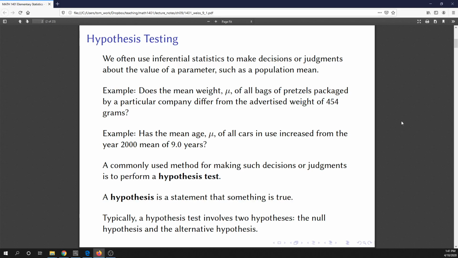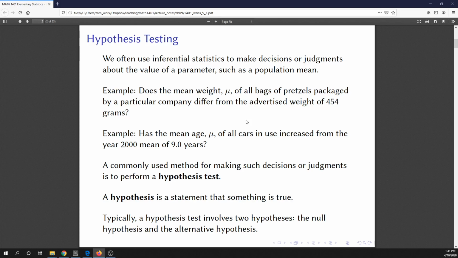An example of that would be this first example here. It says, does the mean weight mu of all bags of pretzels packaged by a particular company differ from the advertised weight of 454 grams?